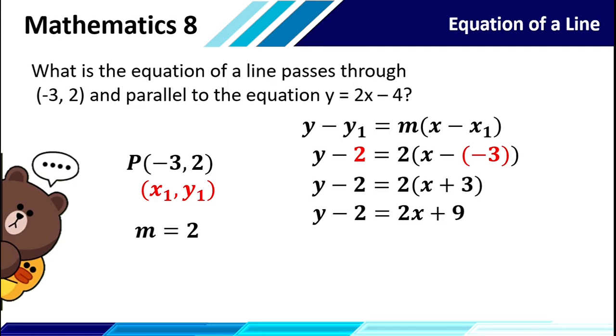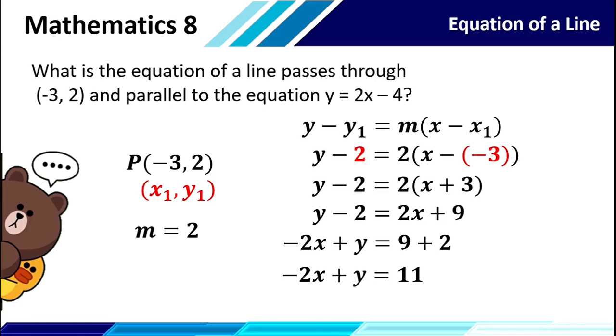In this form, we can now convert this into standard form, which is ax plus by equals c. We will transpose 2x to the other side and negative 2 to the other side. So we will have negative 2x plus y equals 9 plus 2. Simplifying further, we will have negative 2x plus y equals 11.